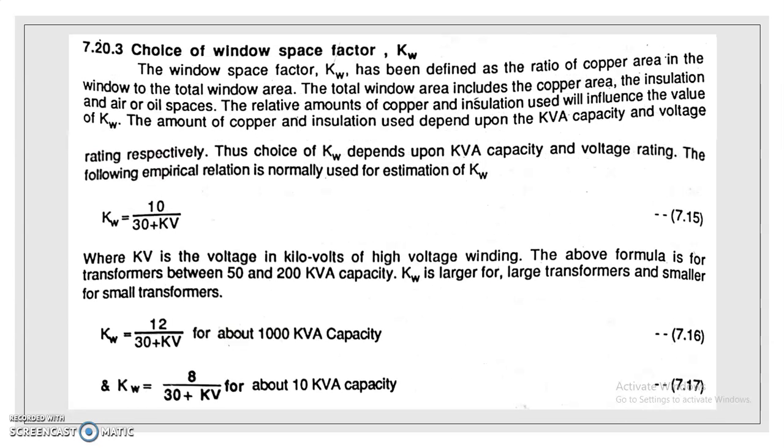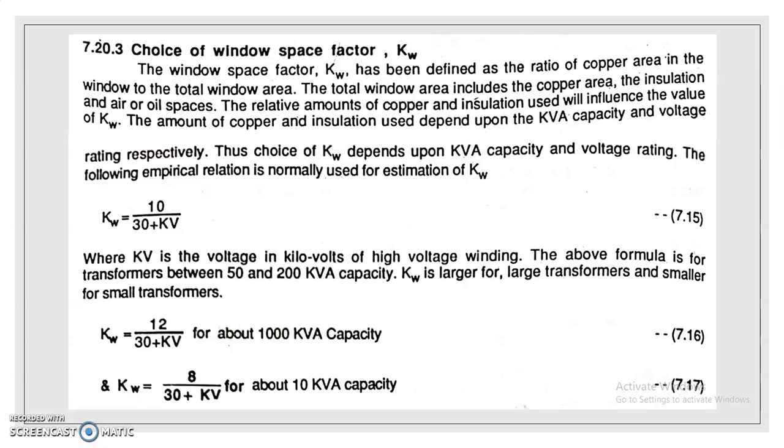The next constant is the window space factor. As we saw in the last lectures, Kw is nothing but a ratio. Window space factor is the ratio of copper area in the window to the total window area. So here again comes the copper area.